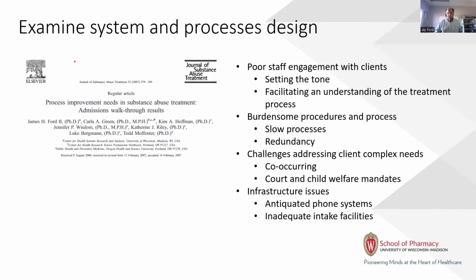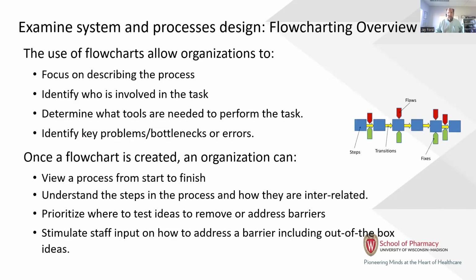One other tool from the health systems engineering tool belt or toolkit is the use of flowcharts. And these flowcharts can really help organizations understand what the existing process looks like, who's involved, what tools are needed to perform the different tasks, and to potentially identify bottlenecks or errors that may be occurring in the process.